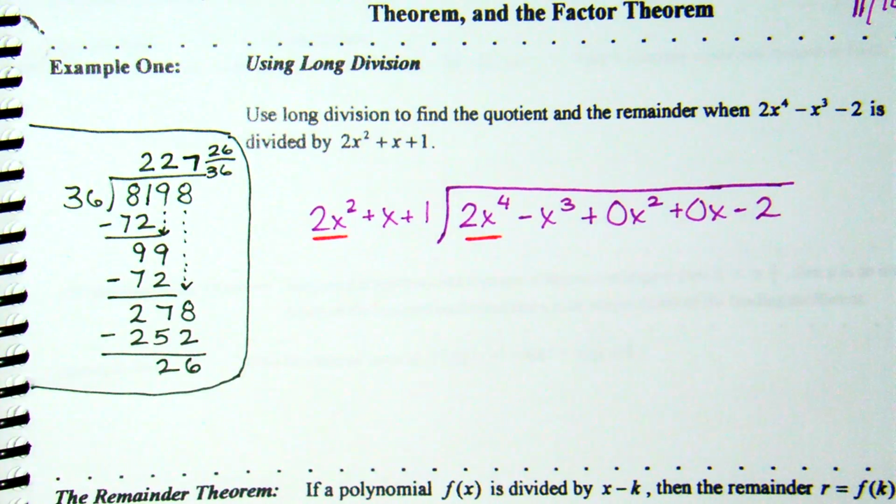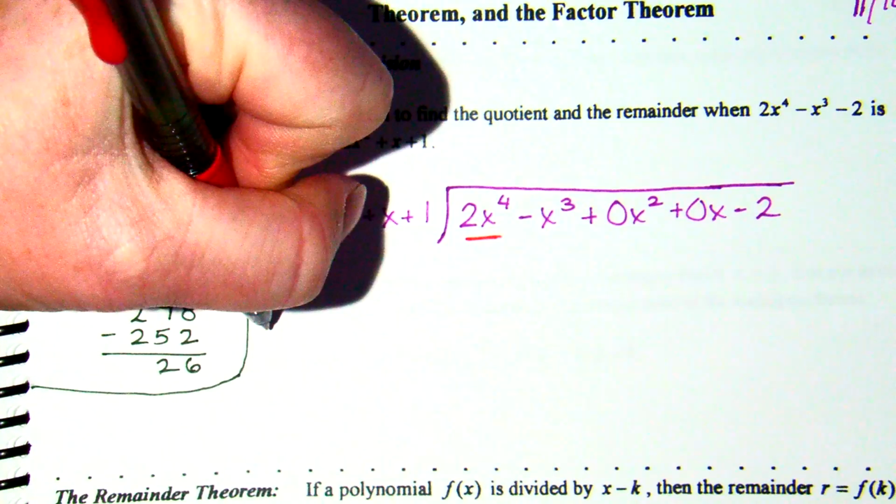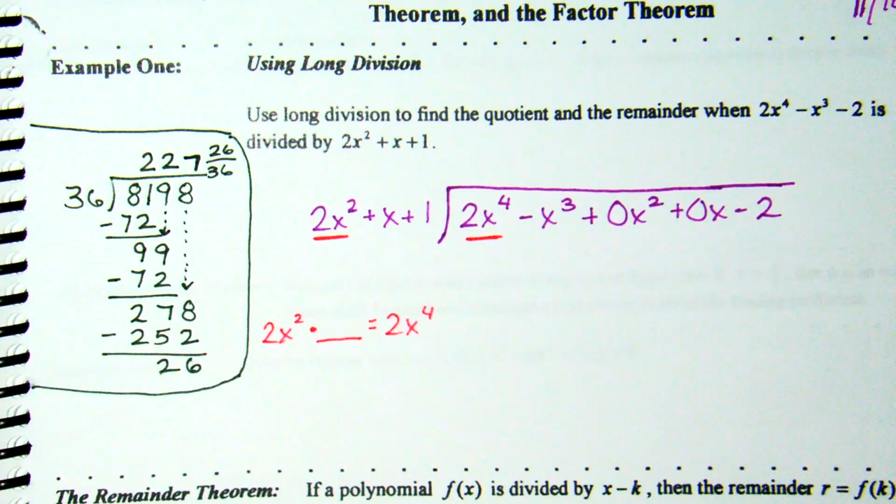Which is a little bit confusing when we are trying to work with polynomials. So when I say, how many times does 2x squared go into 2x to the fourth? What I'm really asking here is 2x squared times what is 2x to the fourth?